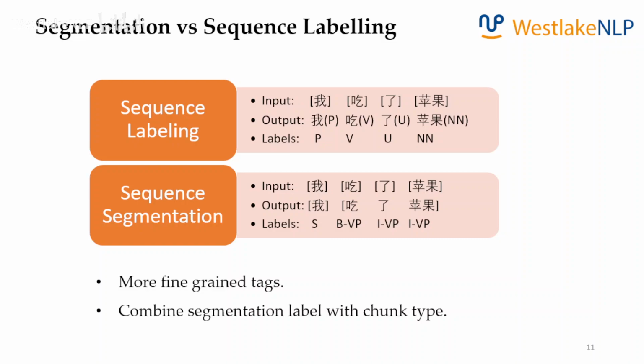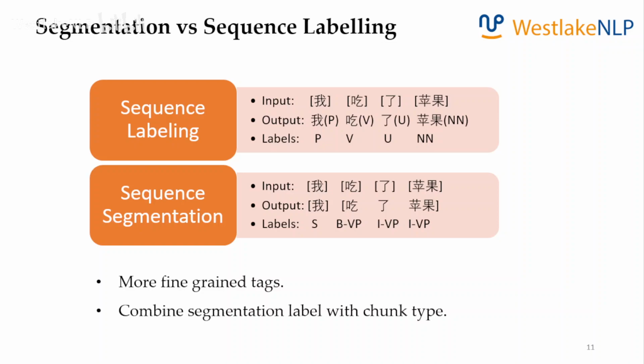You could do word segmentation, or you could do part of speech tagging. Okay, so for part of speech tagging, your input will already be segmented, as shown in the first row.